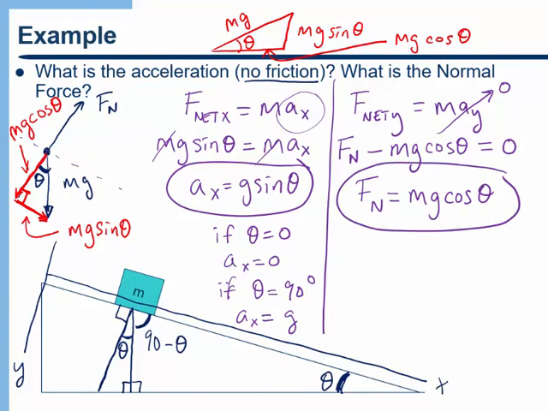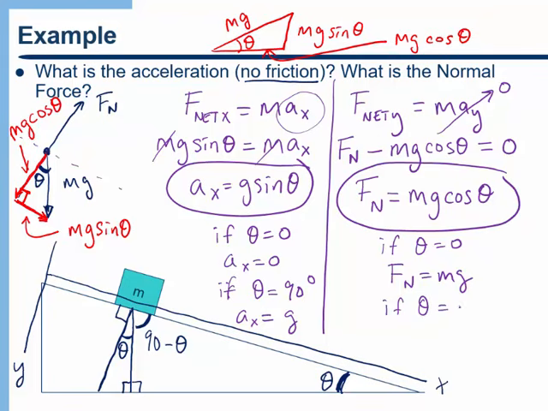It's always a good idea, again, to look at some situations that we already understand to make sure that this makes sense. Notice that if theta is 0, then cosine of 0 is 1, the normal force just would be equal to mg. Well, that makes sense for an object on a flat surface.